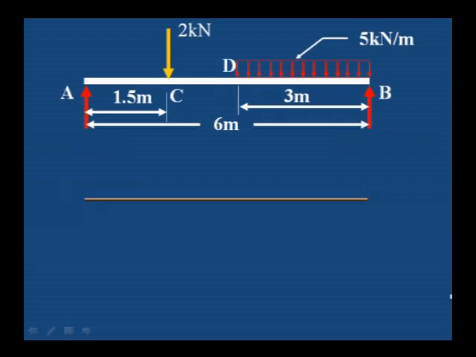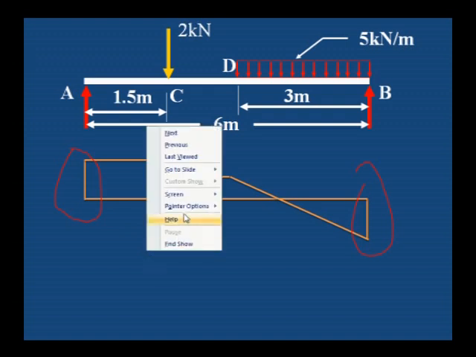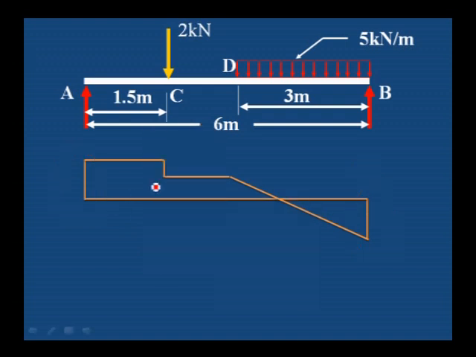Now, let us draw the shear force and bending moment diagram. First, draw the horizontal line and then drop a negative value equal to RB, this portion, and then here a positive value equal to RA.